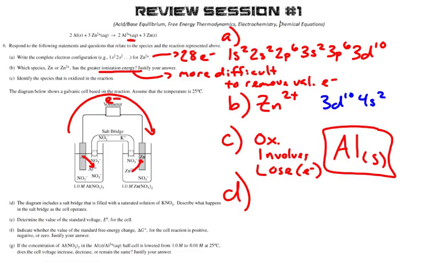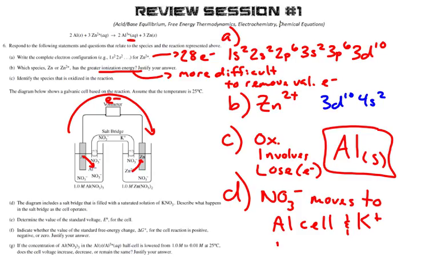The NO3. So what you would say is the NO3 minus would be moving towards the aluminum cell, the Al cell. You can say it moves left or moves to the Al cell. And the K plus, and again, you could say left or right, but I hope this makes sense.